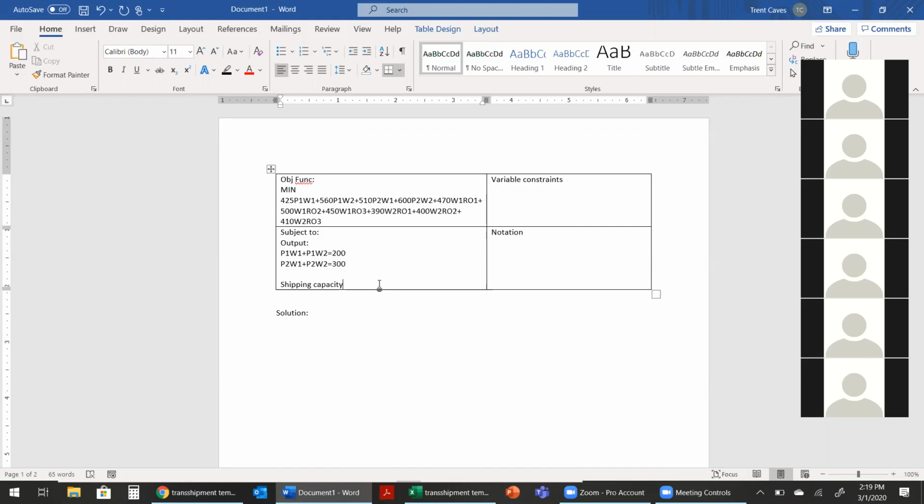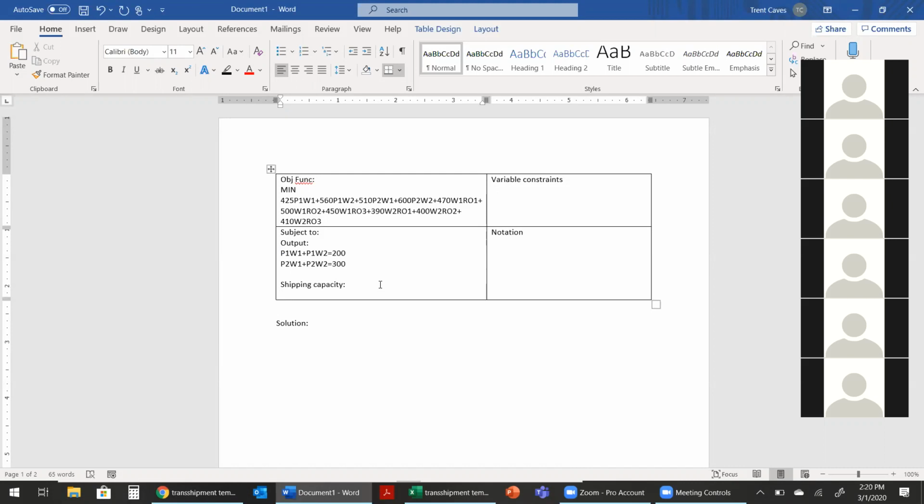You've got a shipping capacity constraint and an output constraint. So you can only output 200 units, but you can't ship 200 units to either of the facilities. You can only ship 125 units to warehouse 1 and 150 units to warehouse 2. Got it. Thank you.